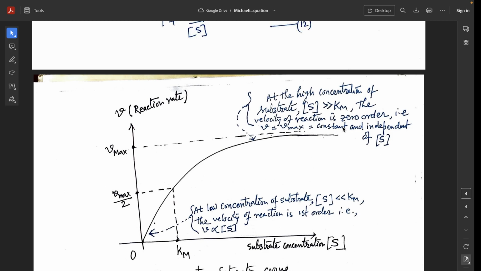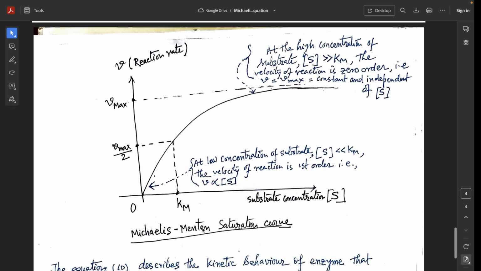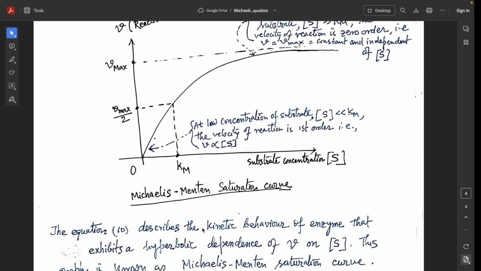The velocity of reaction is zero order. This is the horizontal line, V equals Vmax, which is constant and independent of the concentration of S. At lower substrate concentration, that is when the concentration of S is less than Km, the velocity of reaction is first order, that is, proportional to the substrate concentration S. And this curve is the Michaelis-Menten saturation curve.